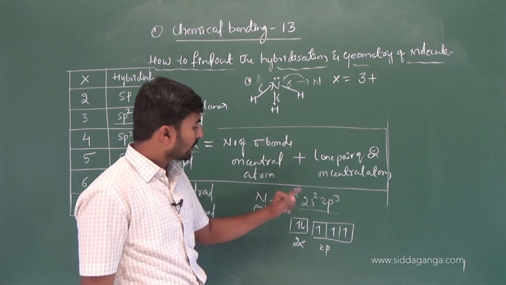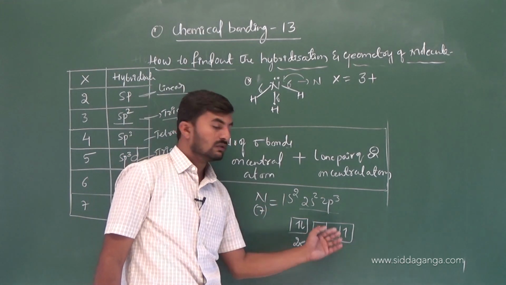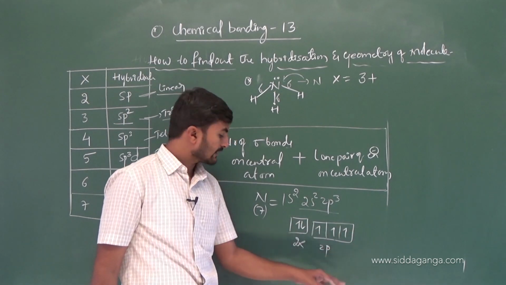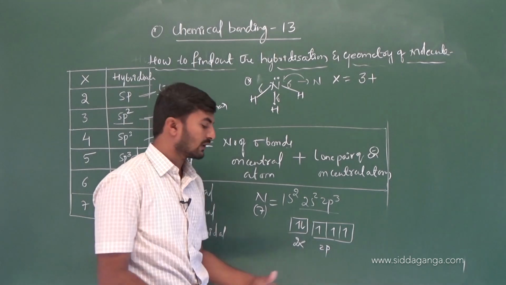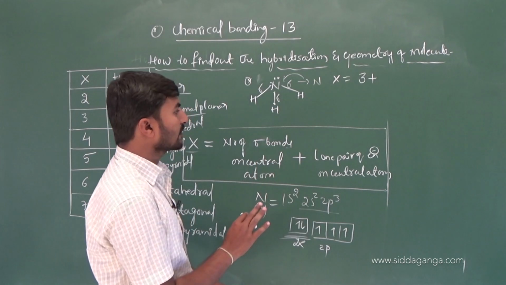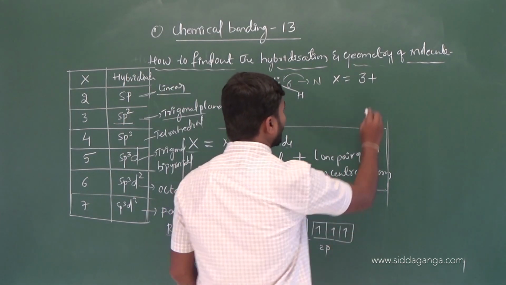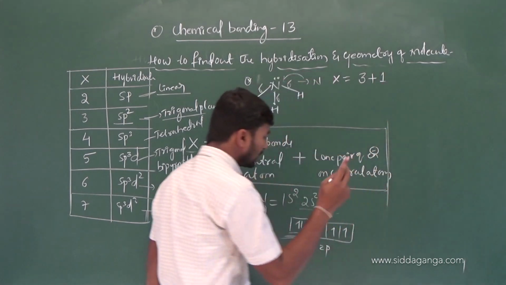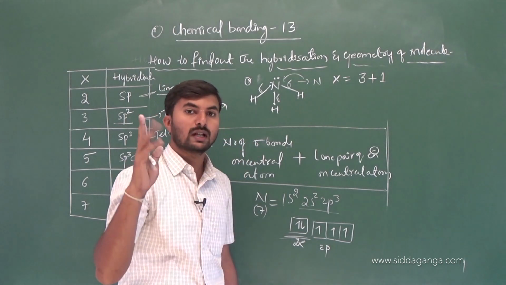So, in the case of the nitrogen atom, 3 electrons are involved in the formation of bonds. At the same time, 2 electrons remain as non-bonded electrons, and these 2 electrons are considered a lone pair. How many lone pairs of electrons are there on the central atom? 1 pair of electrons, that means 2 electrons. 1 lone pair is equal to 2 electrons.